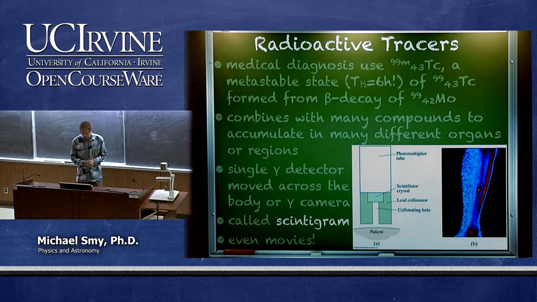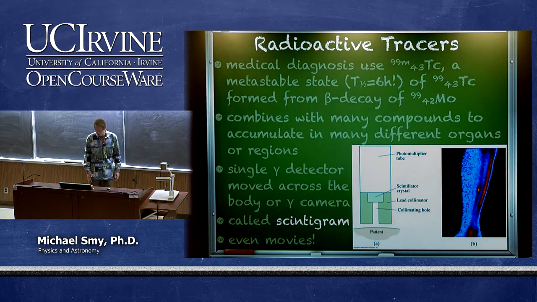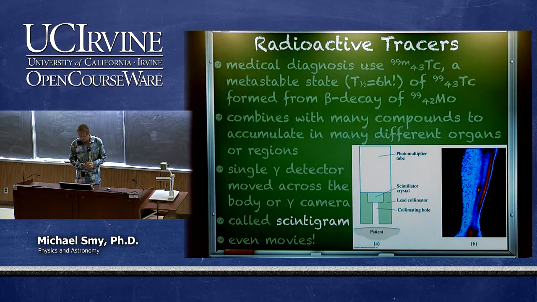When they are used for diagnostic purposes in medical science, one usually uses an isotope called technetium-99m. And it's a metastable state of technetium, meaning that it emits a gamma with a half-life of about 6 hours.